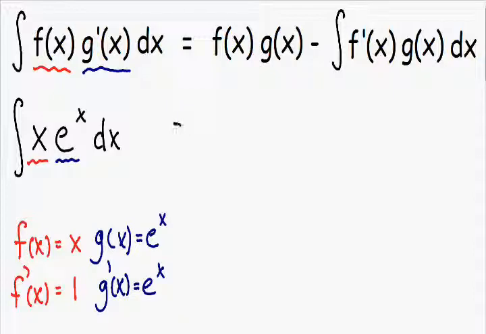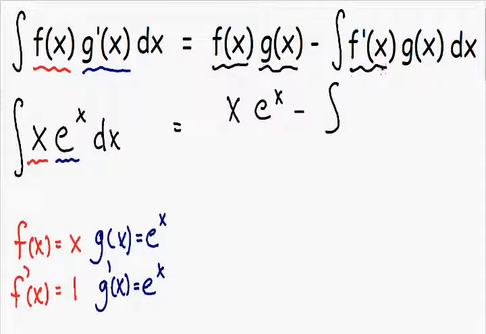Let's start with our f of x. Our f of x is equal to x, so we're going to plug in an x for f of x. Now let's plug in our g of x. Our g of x is equal to e to the x, so we're going to plug in an e to the x for g of x, and this is being subtracted by the integral of f prime of x.